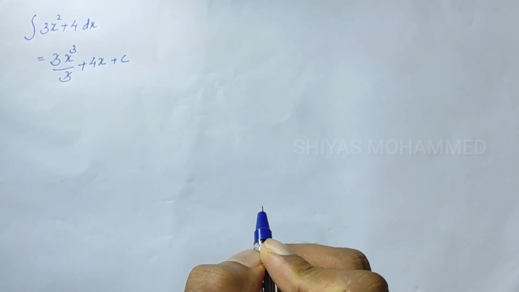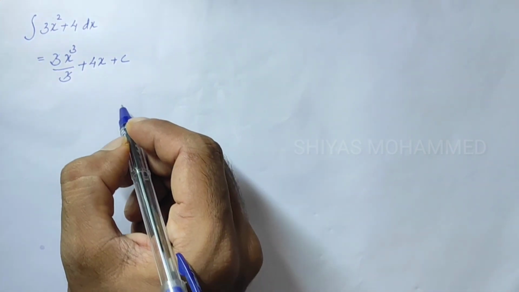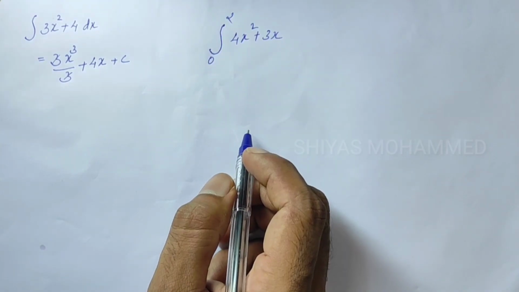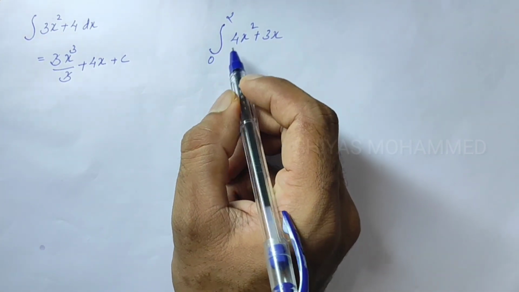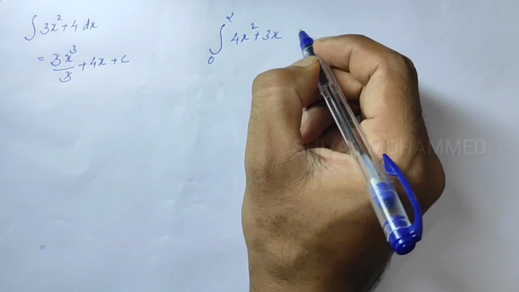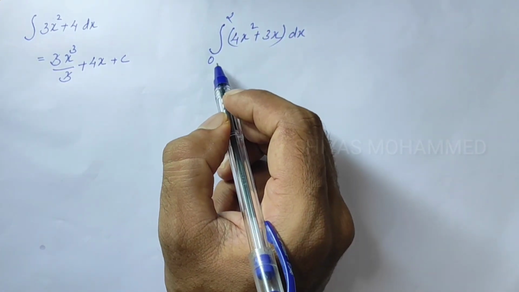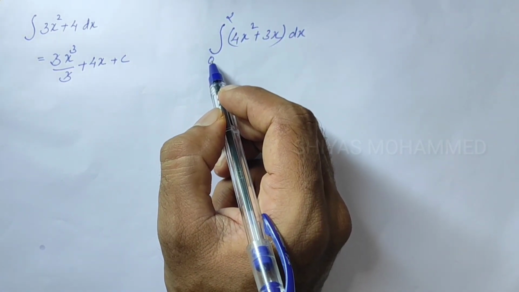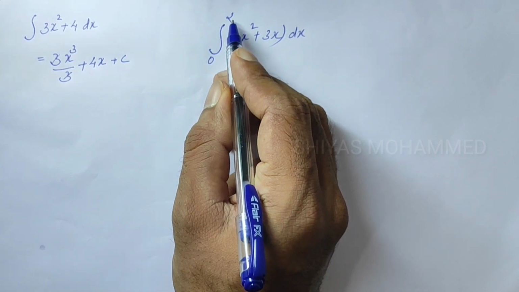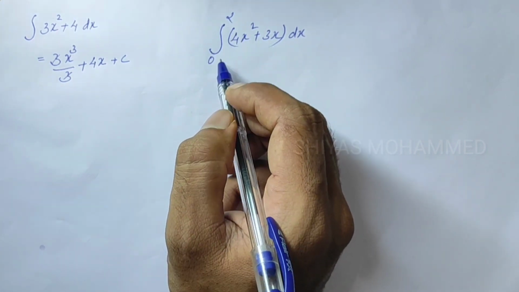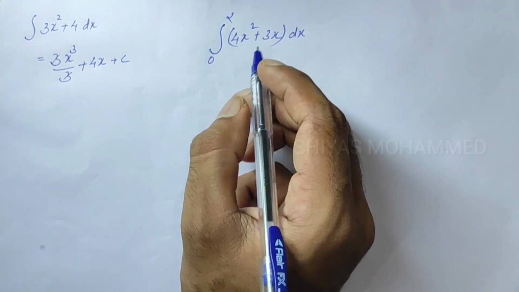We want to subtract the lower limit value from the upper limit value. We can do one example. For example, the integral from 0 to 2 of 4x square plus 3x dx. Here it is a definite integral because the lower limit is 0 and the upper limit is 2. So here limits are there, therefore these are called definite integrals.